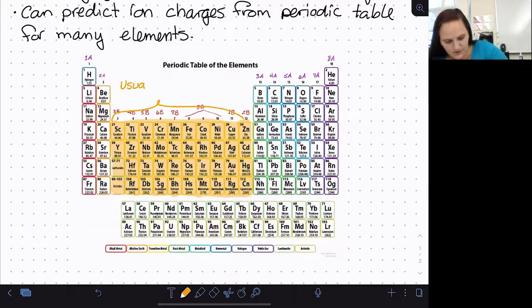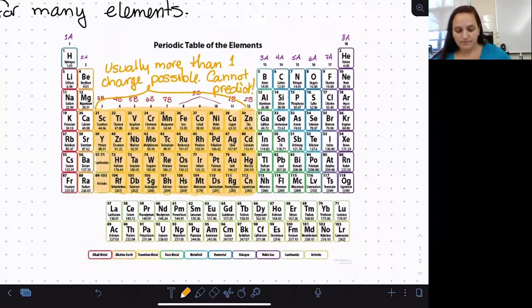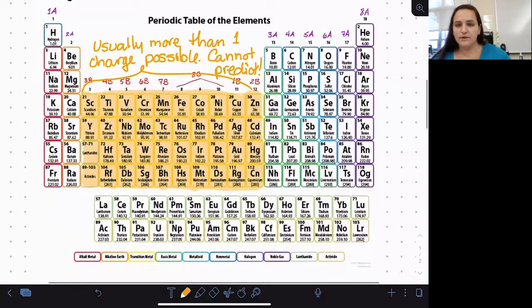Usually there's more than one possible charge for any given element, so we cannot predict from the element alone what our charge is going to be. We need some more information. But for much of the rest of the periodic table, we can.